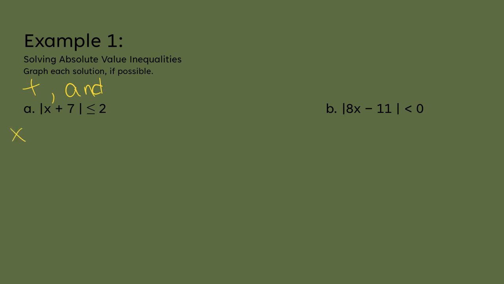It's going to be what? So what do I do right away? So it's going to be two expressions. X plus 7 is less than 2. And x plus 7 is what? Greater than or equal to what? You flip it. Why do we flip it? Because it's a negative. We're inversing it, right?